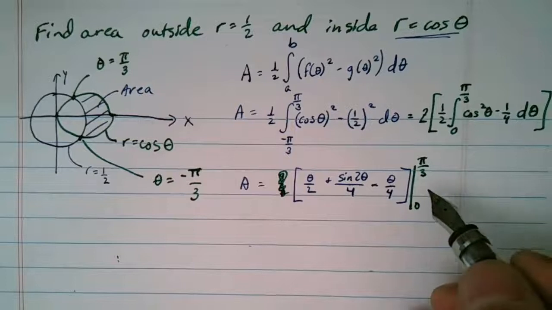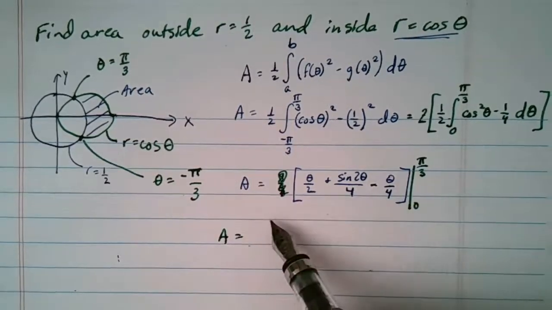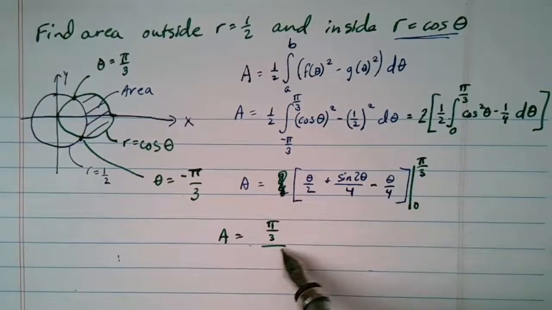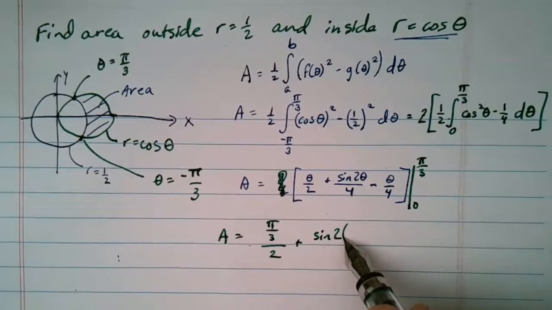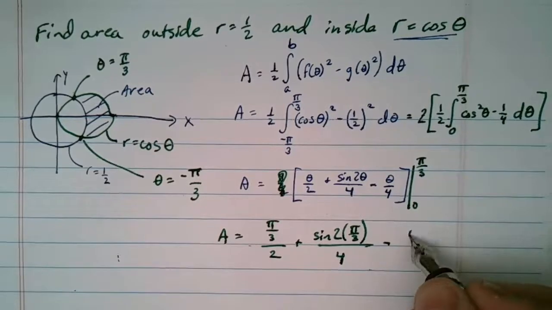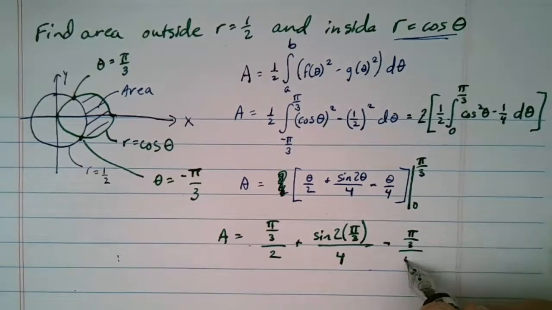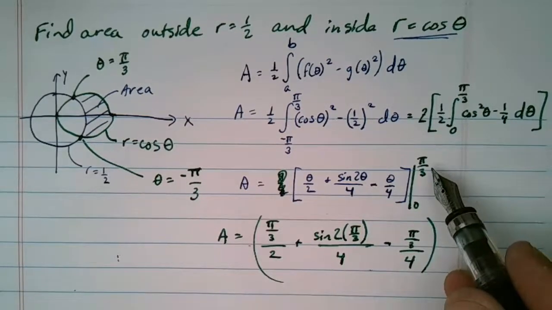Cool. Now what does that do for me? Well, my area is now equal to pi by 3 by 2 plus sine of 2 times pi by 3 over 4 minus pi by 3 by 4. And that's going to be this guy.